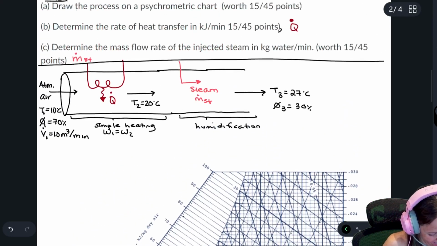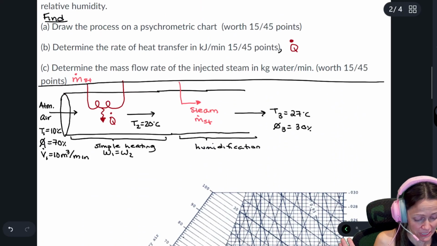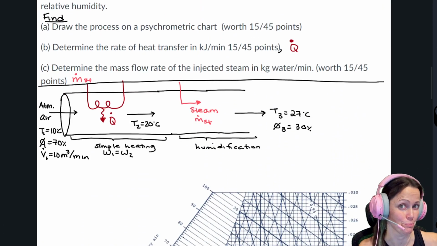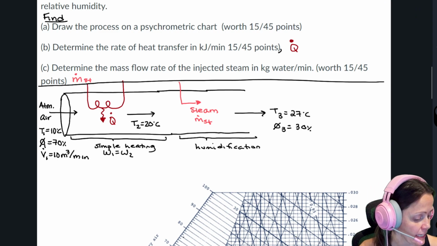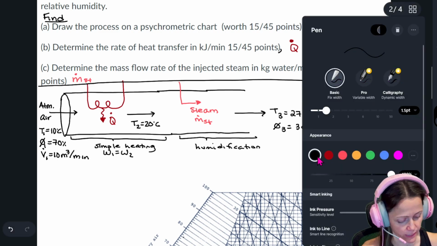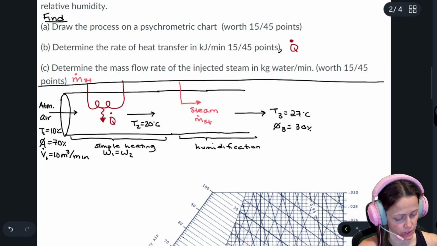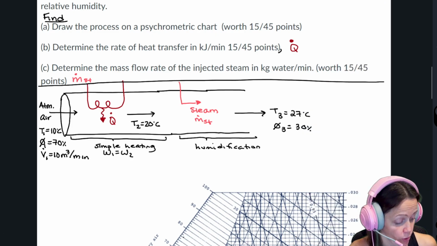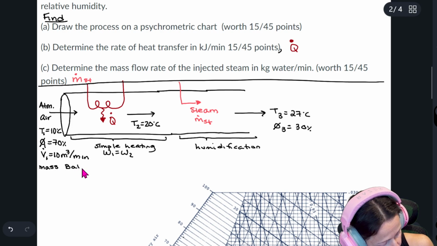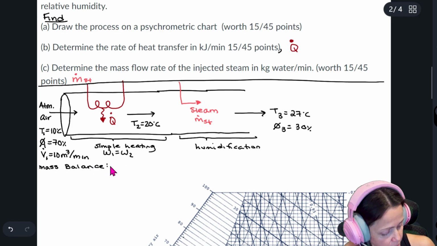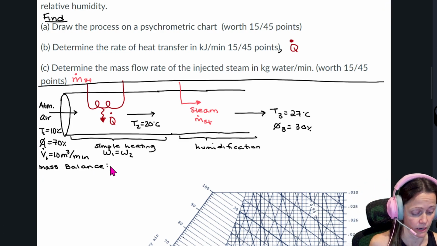All right. So I drew the process on the psychrometric chart and preemptively noted what some of those values are. Now I need to figure out the rate of heat transfer, Q dot. So let's apply mass balance.